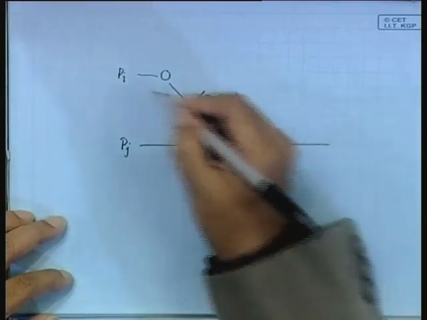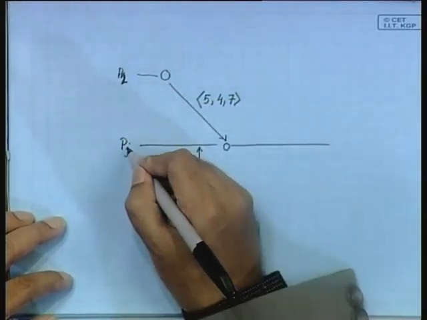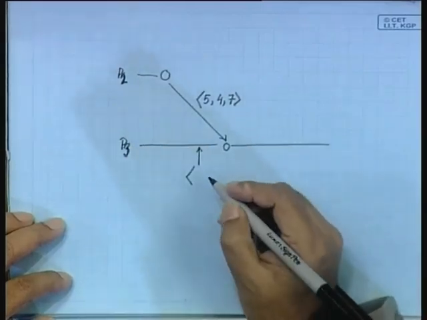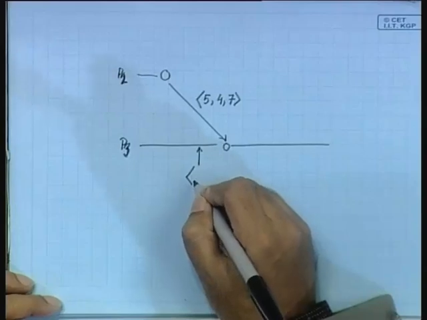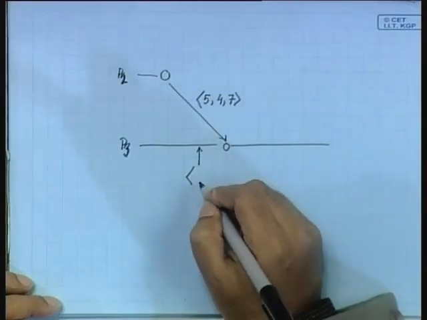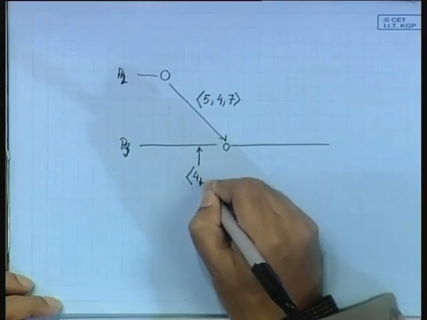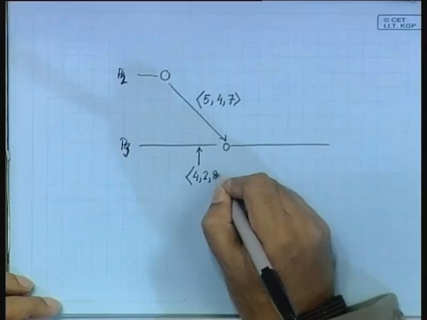Let us say Pi is P2 and this is let us say P3, and let us say the current value here of the clock is 4, 2, 8.